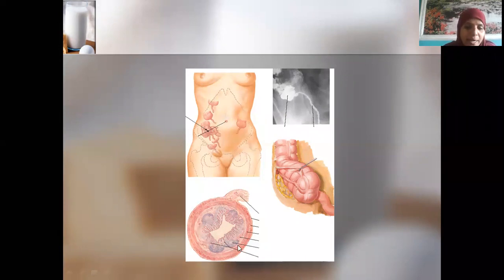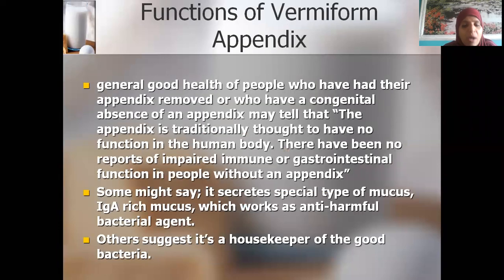That's the reason appendix is called the abdominal tonsil. That's why you should be very careful whether to plan for the removal or not. You should be judicious so that we do not harm the patient. Though it is not so beneficial, still we should see that we don't remove appendix unless it is really required.